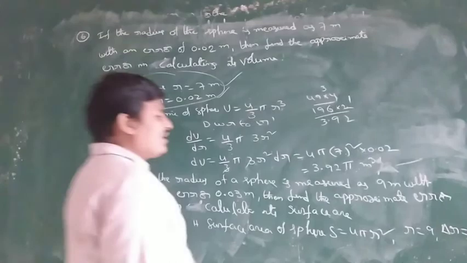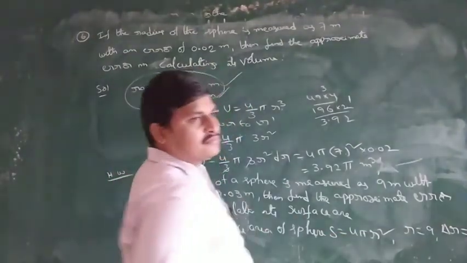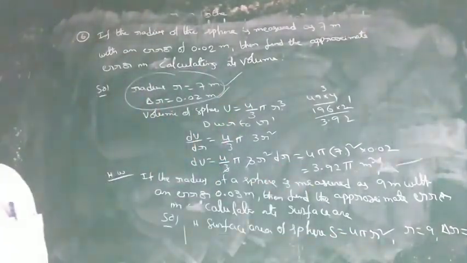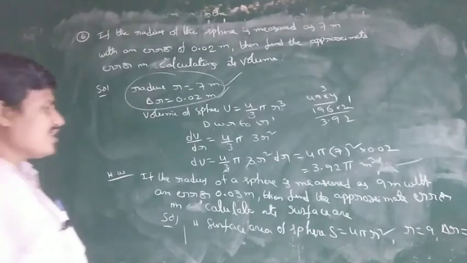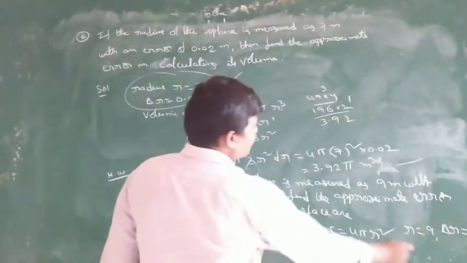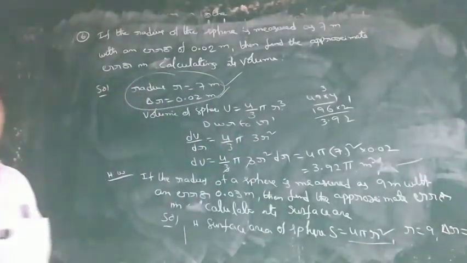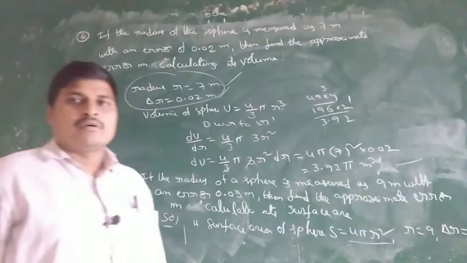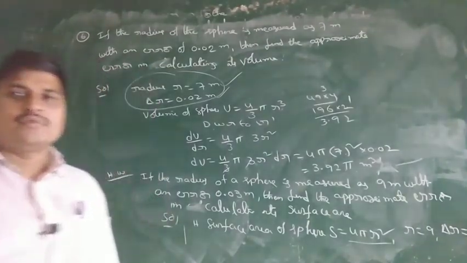First we differentiate with respect to r, and substitute delta r and r. Surface area of the sphere is 4 pi r squared. Surface area of the cube is 6x squared.